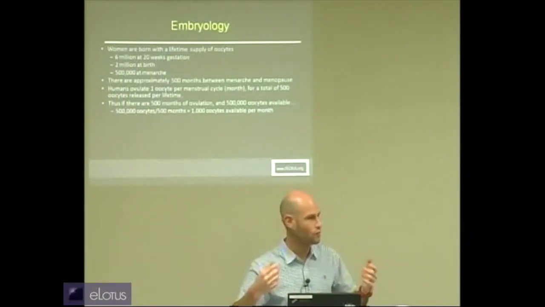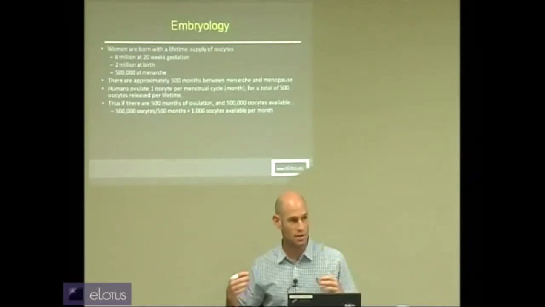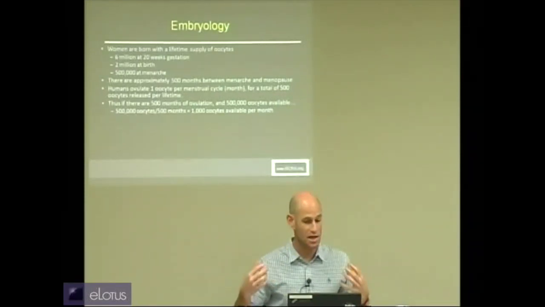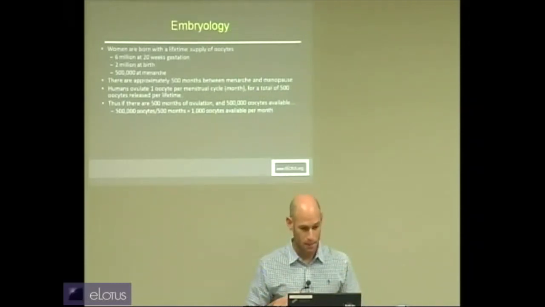If they go on to become ovaries, the X chromosome, the DNA, directs those tissues to begin making eggs. And that egg production actually begins as a top priority before formation of really any other type of tissue.